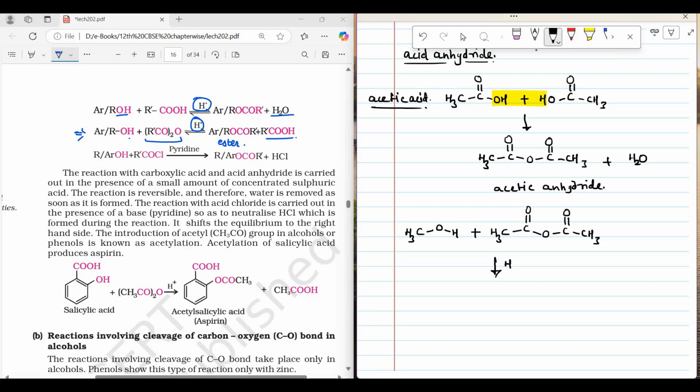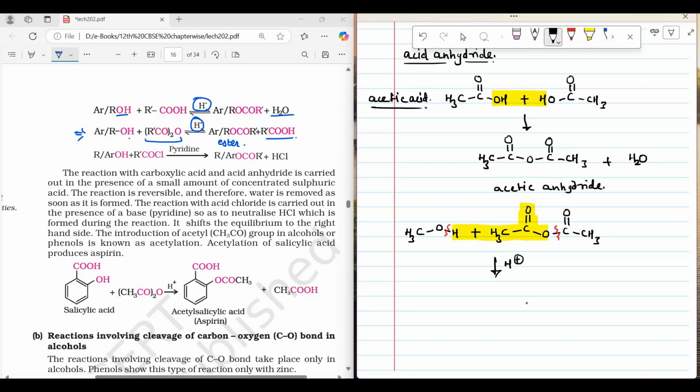Now when it reacts in presence of acid catalyst, here you have to break the bond between oxygen and hydrogen, and here you have to break the bond between carbon and oxygen. Now combine this molecule. It will be removed in the form of byproduct.